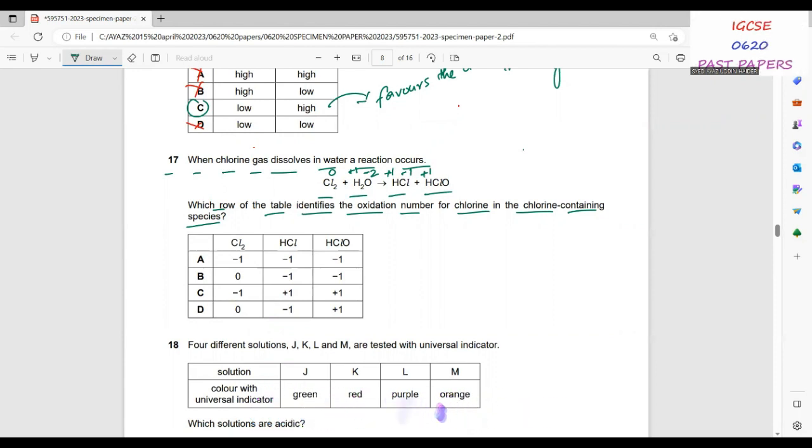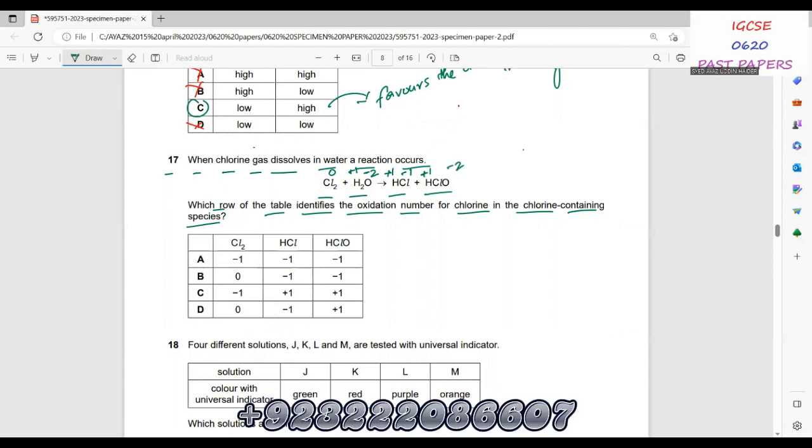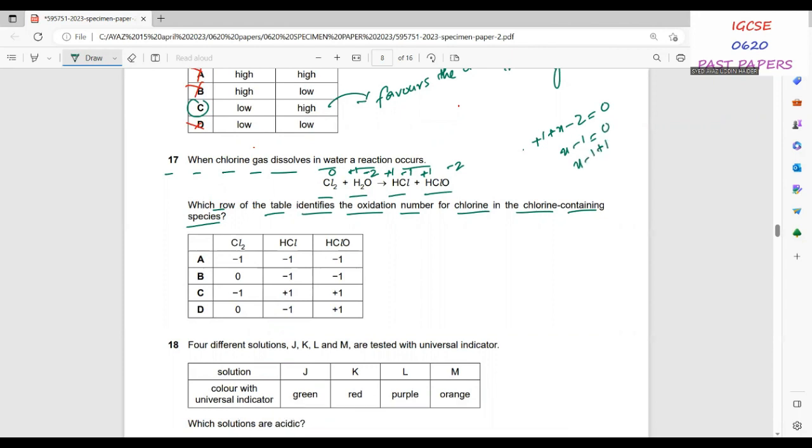Oxygen carries -2 charge. If you work out the charge for Cl, it will be +1 plus X minus 2 is equal to 0, as there's no charge on the whole compound. So X minus 1 is equal to 0, X is +1. So the charge on chlorine will be +1.